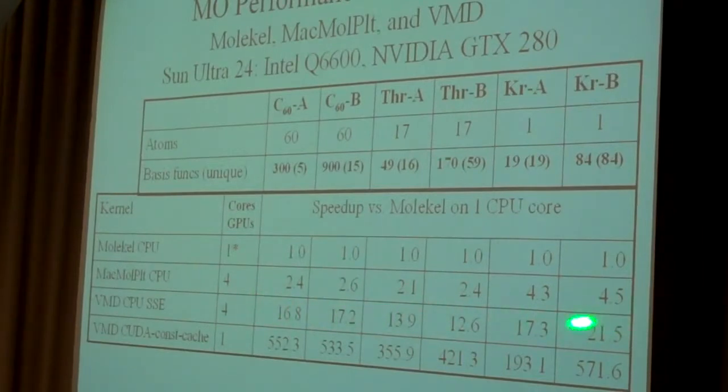VMD on the CPUs is about 12 to 16 times faster, and the GPUs are about 200 to 500 times faster. So this is a big increase in performance.